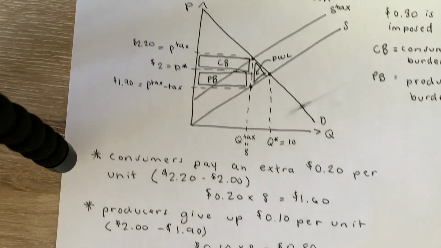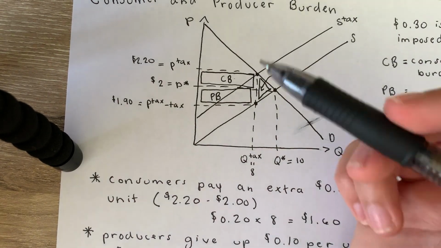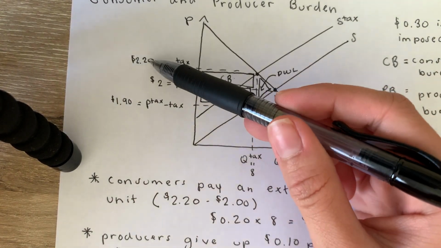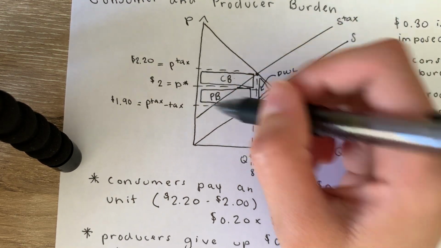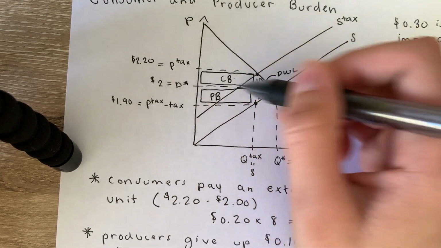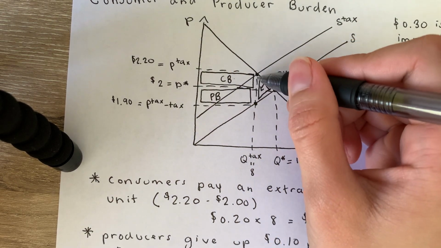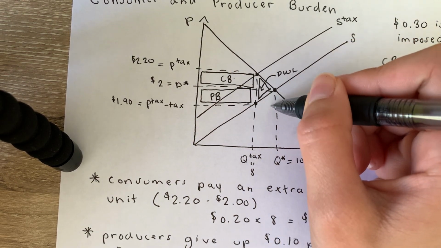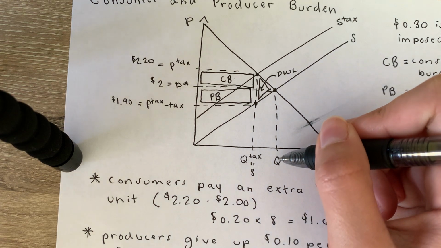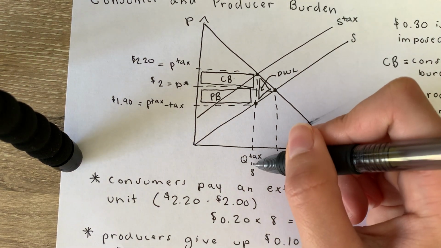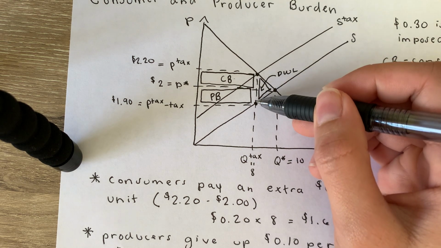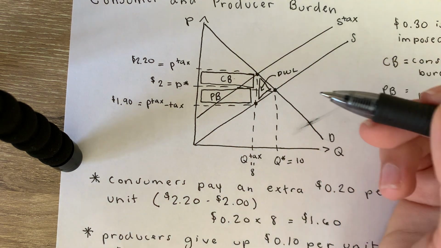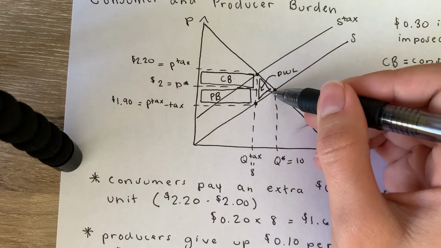The height is going to be $2.20 minus $1.90, because the height is right here. We're looking at this times this. Or, sorry, not that, my bad, that's the tax revenue. We're looking at this times this. So 10 minus 8 is our base, so our base is 2, and then our height is $2.20 minus $1.90, from right here, because we're trying to find the area of the triangle.